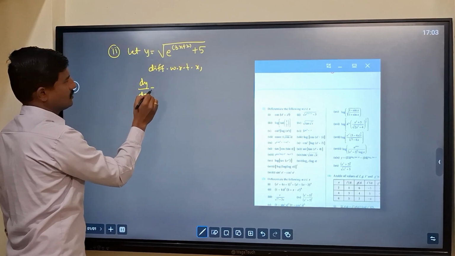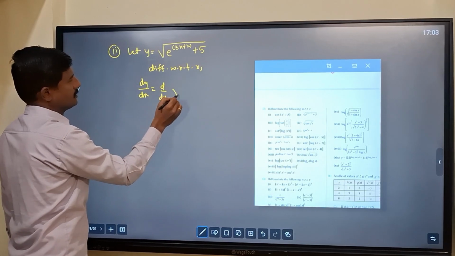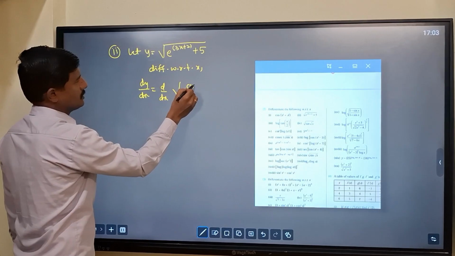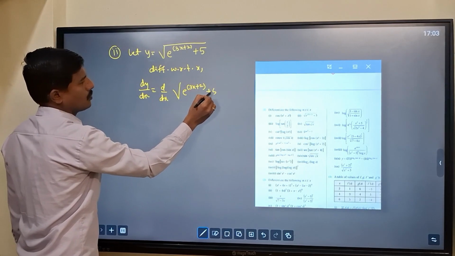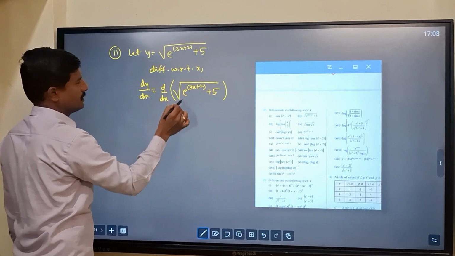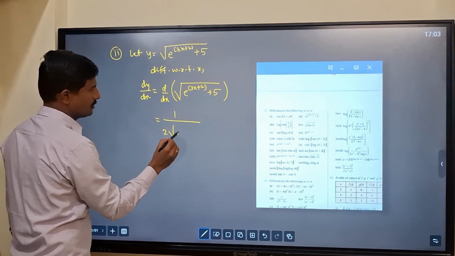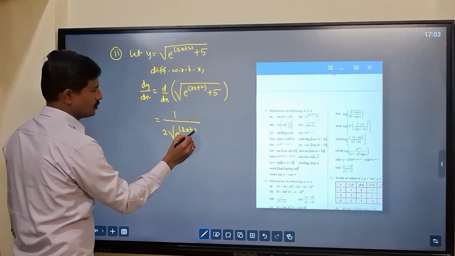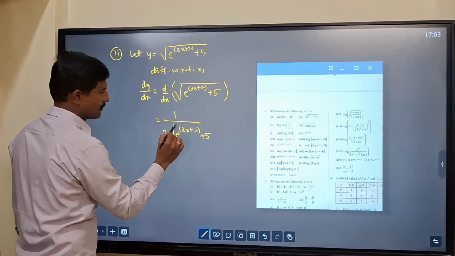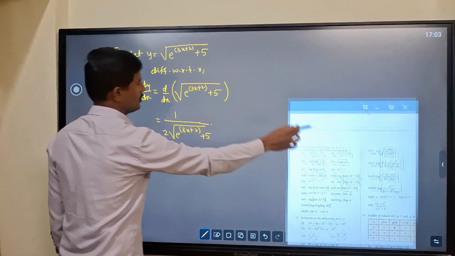dy by dx is d dx of square root of e raised to 3x plus 2 plus 5. So differentiation of square root will become 1 upon 2 square root of e raised to 3x plus 2 plus 5.